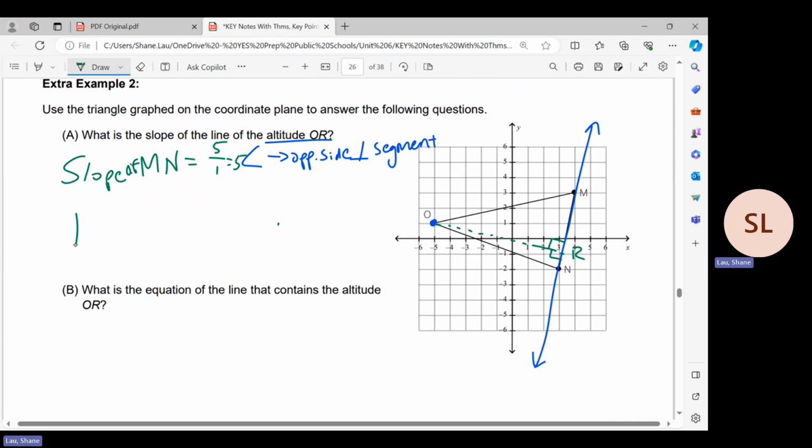But remember, our perpendicular slope is the opposite reciprocal of MN, which is 5. So opposite of positive will be negative. Reciprocal, flip the fraction, we will have -1/5. And that is our slope for OR.